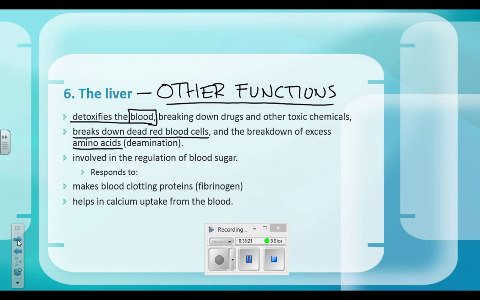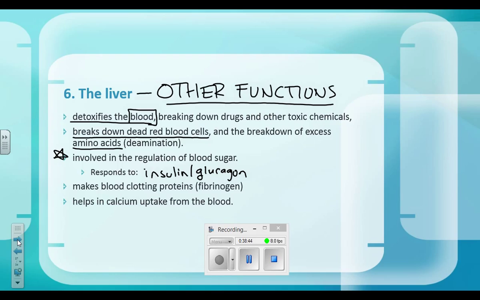It is involved in the regulation of blood sugar, which we already mentioned. It responds to insulin and glucagon. And like we already wrote down, they tell your liver to either convert glucose to glycogen for storage or convert glycogen to glucose because now we don't have enough blood sugar.